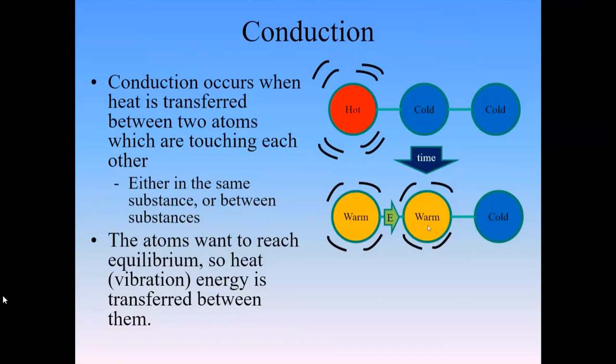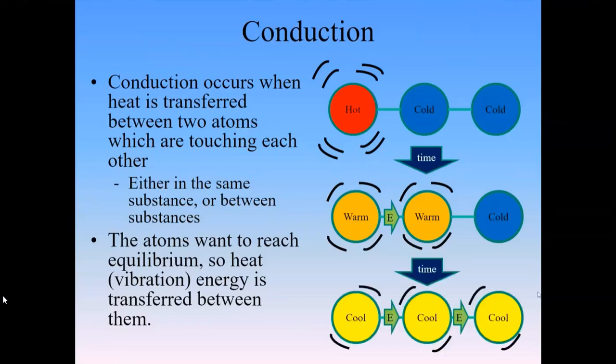The cold one is going to get warmer, and the hot one will get a little cooler. Eventually, over time, everything should balance out so that we have shared energy and everything gets to the same level of energy or movement. And that energy or movement is equivalent to the temperature of the object. So that's the pathway for conduction. It's movement of energy from atoms that are in contact with each other.